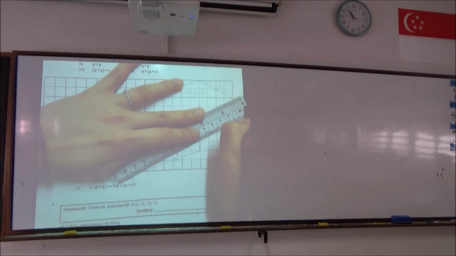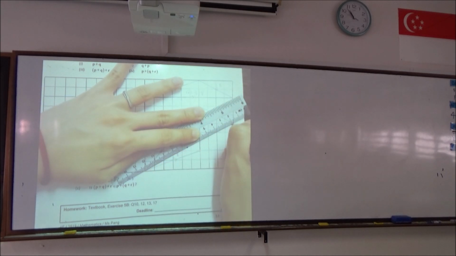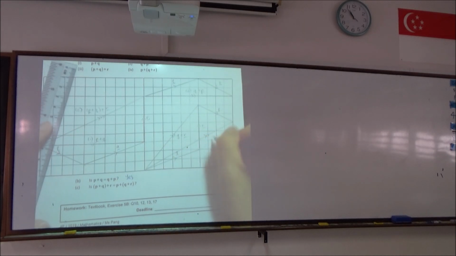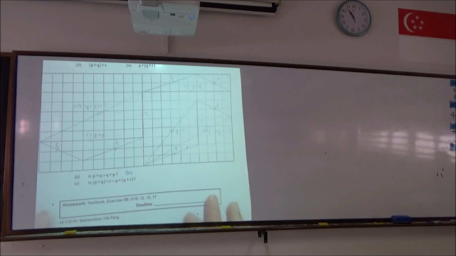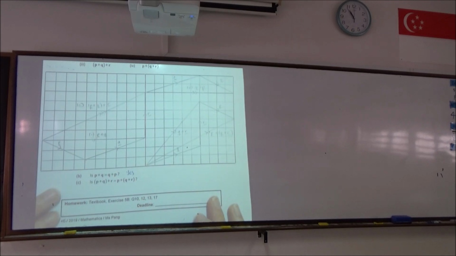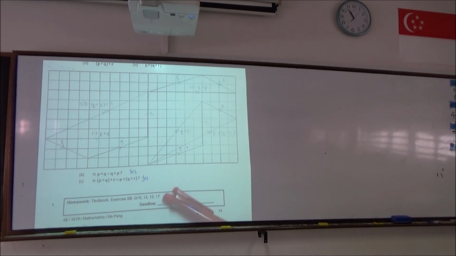And then we will be able to get this vector. It will be P plus Q plus R. So therefore, we do see that they are actually equal.